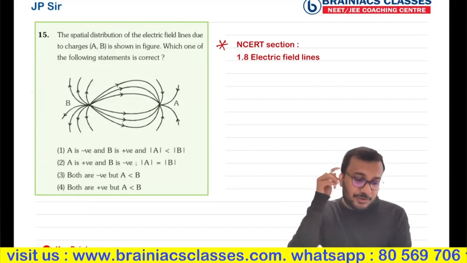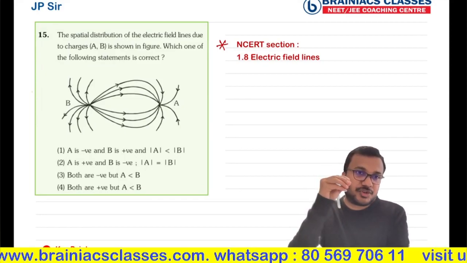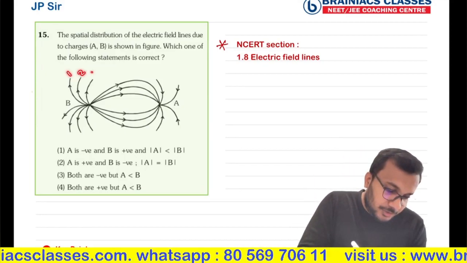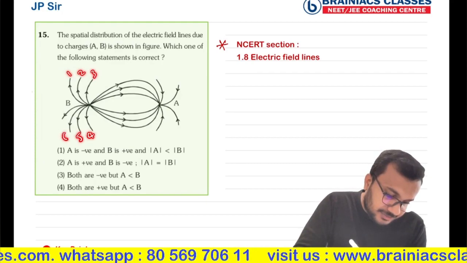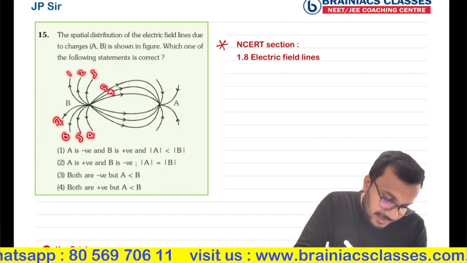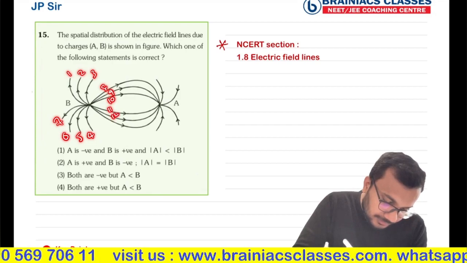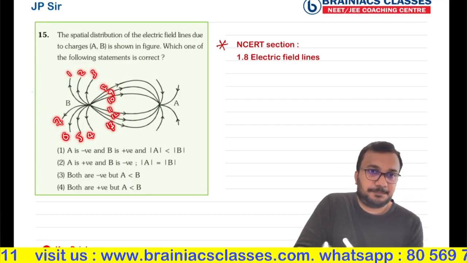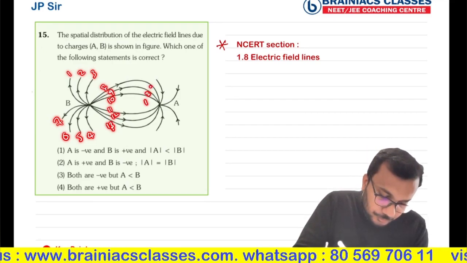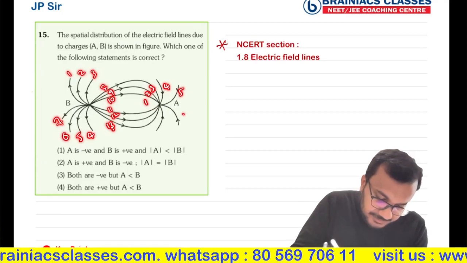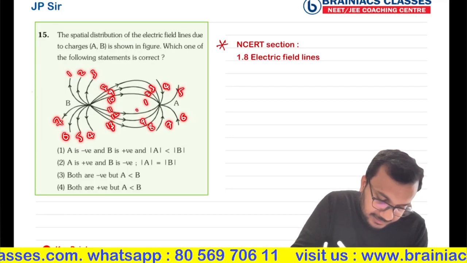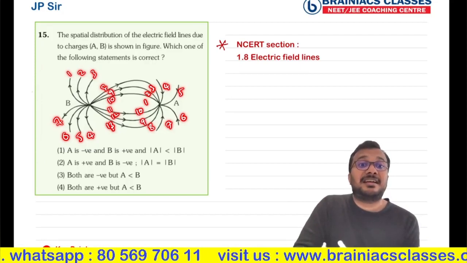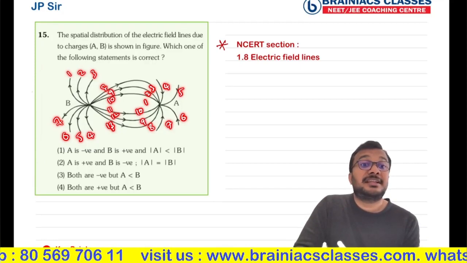Now if you look into the first problem, the first thing that comes to your mind: here you have 1, 2, 3, 4, 5, 6, 7, 8, 9, 10, 11, 12, 13 lines. But here you have 1, 2, 3, 4, 5, 6, 7, 8, 9, 10. One side you have 10 lines, the other side you have 13 lines.